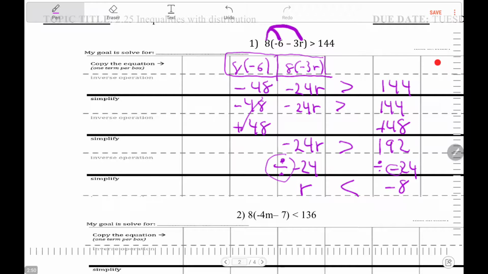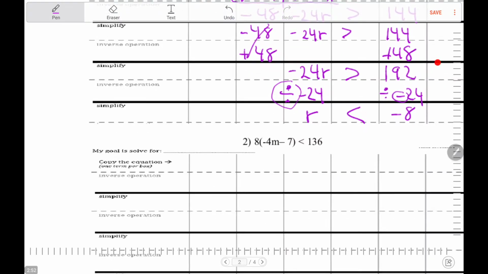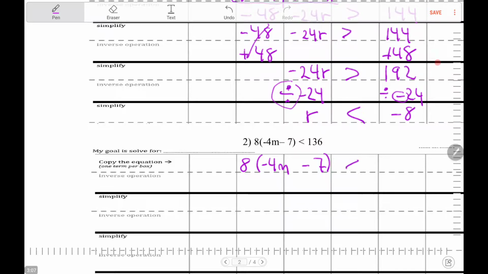Okay, let's try this again. Same sort of thing. 8 times -4m minus 7 is less than 136. Alright, another distribution.